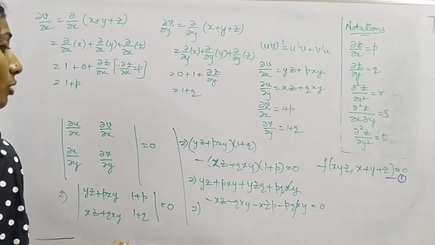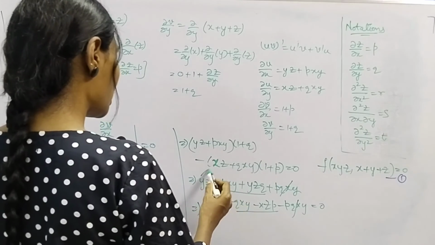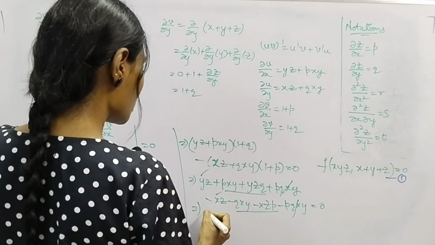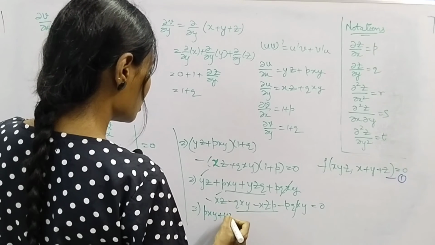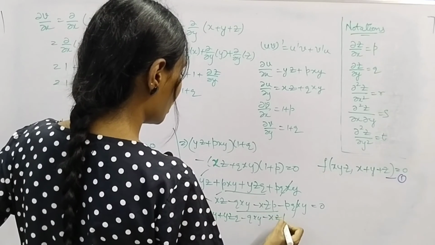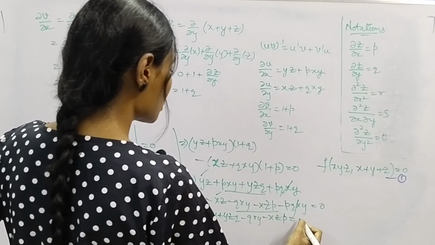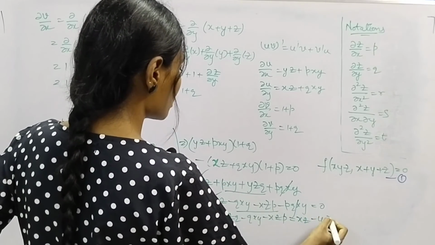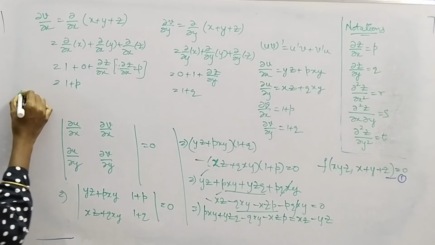Now write the terms that involve p and q in the LHS part and take the remaining terms which do not involve p and q in the RHS. So this gives us pxy plus yzq minus qxy minus xzp equal to minus xz becomes plus xz, plus yz becomes minus yz.